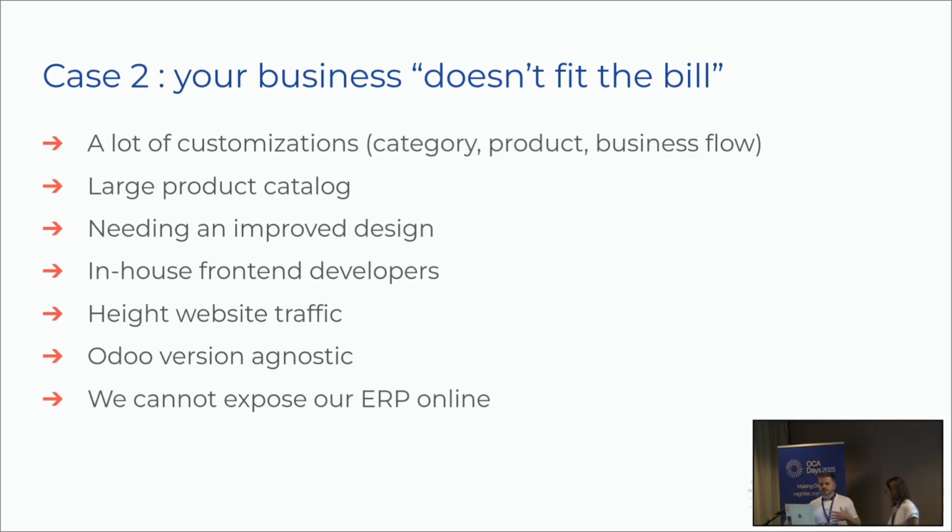So second case, let's imagine we have another business strategy and our business doesn't fit the bill in this case. We need a lot of customization, especially on product and category pages. We want to offer customizable products, for example, to add a name on an OCA mug.